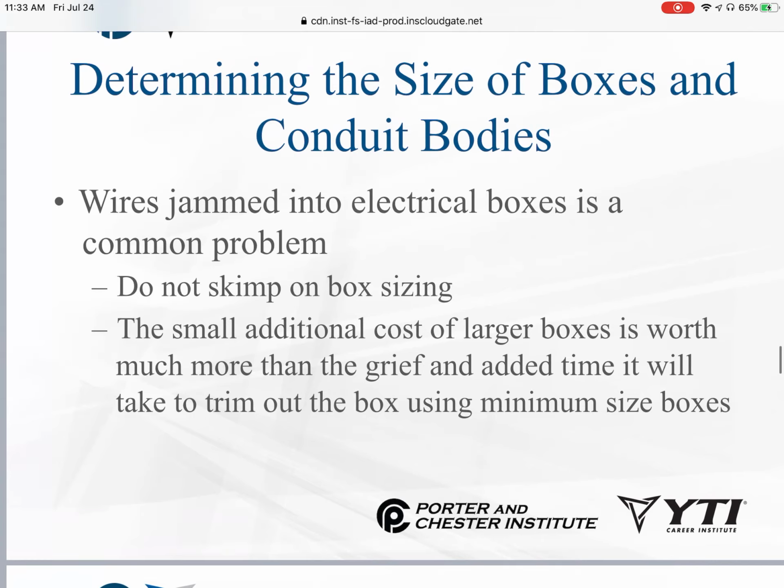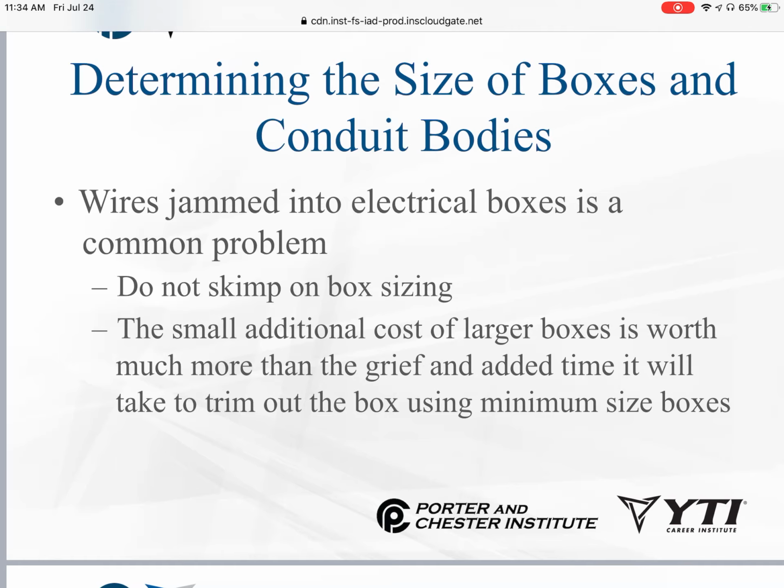All right. Determining the sizes of boxes and conduit bodies. Some of you guys just last term did box fill and conduit sizing, 2 different methods. We're kind of concentrating on residential, so we're using nail-on boxes probably. Nail-on boxes will actually have that information stamped right in there.